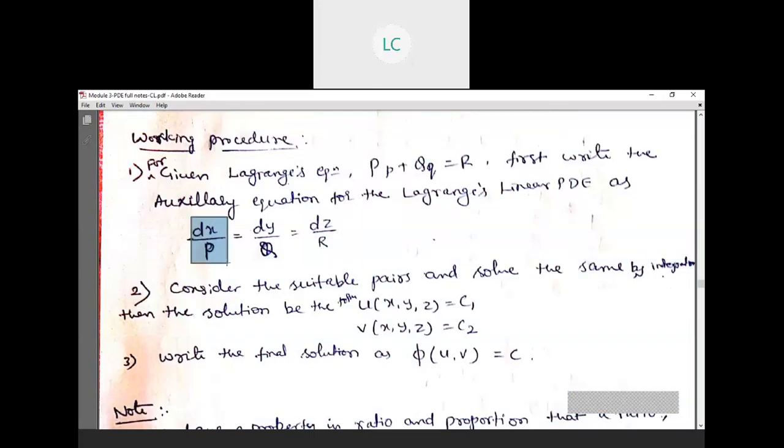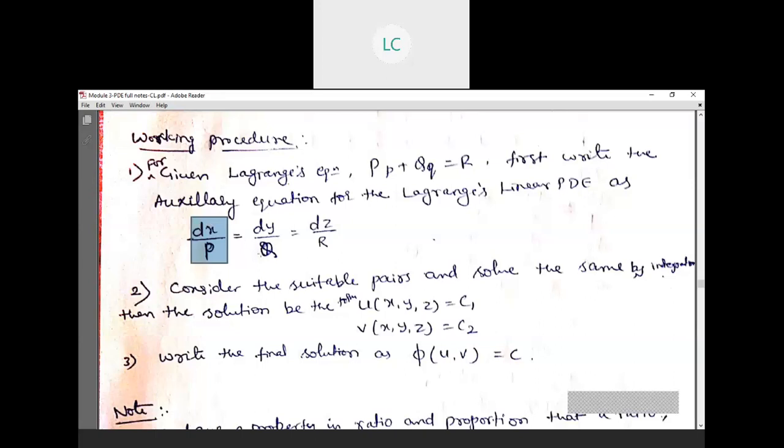So we can choose three pairs only, and among these we should choose any two pairs and solve them using integration only.